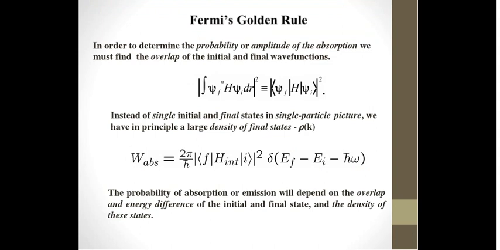So Fermi's golden rule. Here, in order to determine the probability or amplitude of the absorption, how the light, that is the photon, is absorbed, the amplitude of absorption, how much energy can be absorbed, that must be found by the overlap of initial and final wave functions.